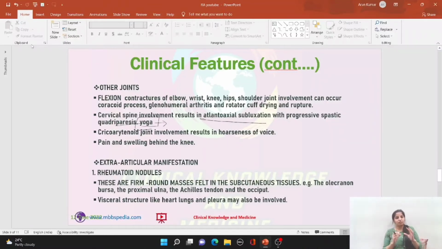So this patient is recommended not to do any headstand, which might give trauma to the cervical spine. Normal exercises are highly recommended in rheumatoid arthritis. So cricoarytenoid joint involvement results in hoarseness of voice, pain and swelling behind the knee.